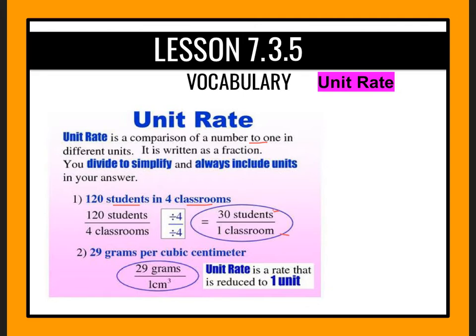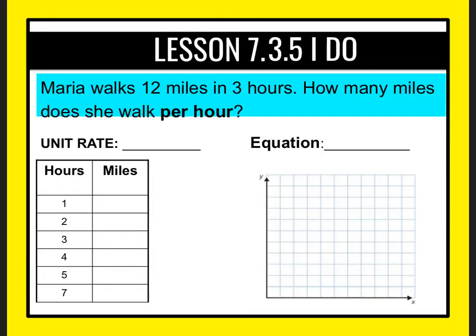Here's another example, 29 grams per cubic centimeters. Well, I want to know that rate reduced to 1, right? So in 1 centimeter. So everything is per out of 1. So when you think of a unit rate, you must have that in your fraction, you must be comparing it to 1. Okay, we're going to talk about some examples in real situations.